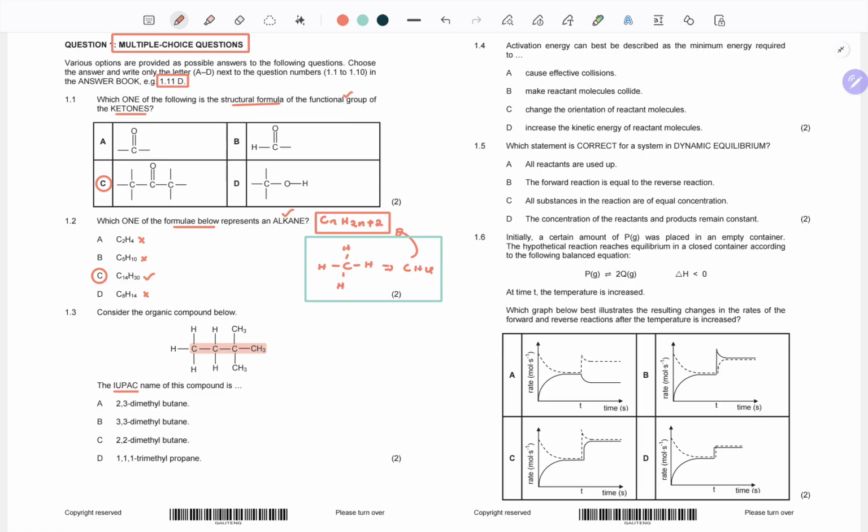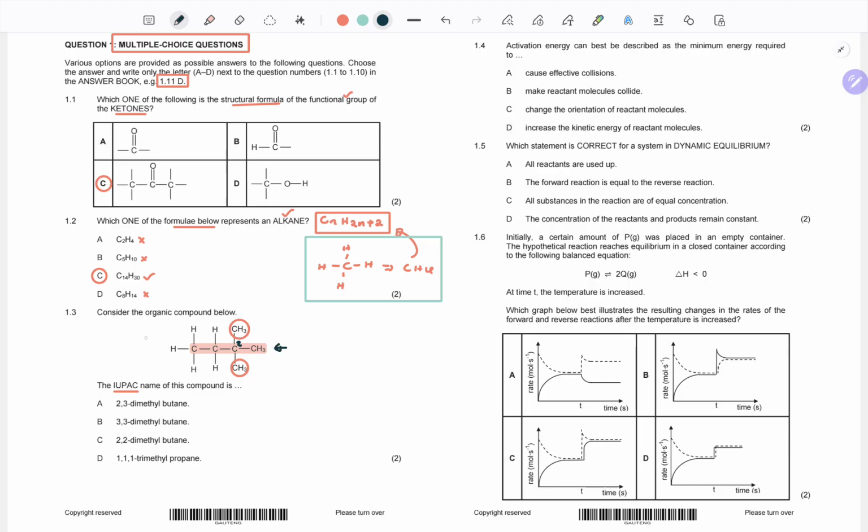We can say it's a 4 carbon chain. Anyway, we need the IUPAC name. So what do we have? We've got these substituents or side branches. Now we need to number our carbons so that we are closest to the branches. So it means this must be carbon 2 from this end.